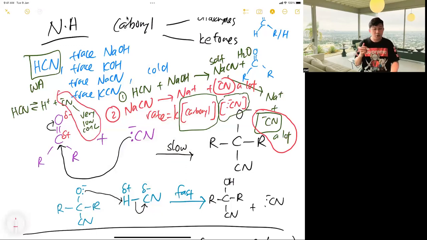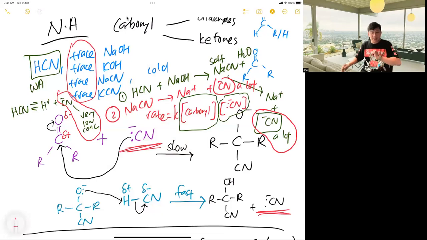Yes, you can say that way because the CN minus is being regenerated, right? So to be honest, I just need a trace, a bit to start off with it. Because CN minus is used up later and comes back. So the start better be good.